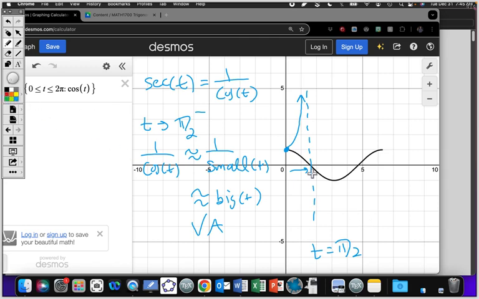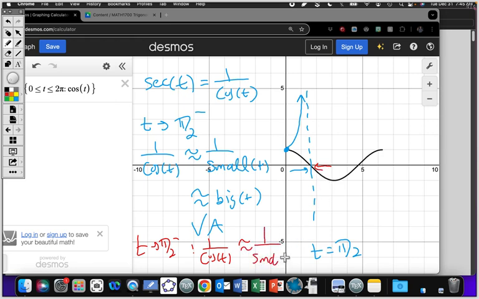Now, on the other side of pi over 2, what's going to happen? I'm going to have the numerator is 1, but now these are going to become very, quote-unquote, small and negative.